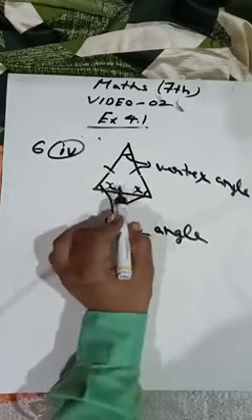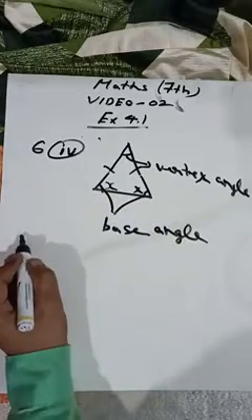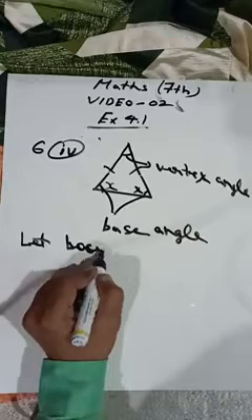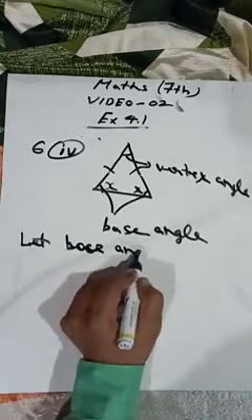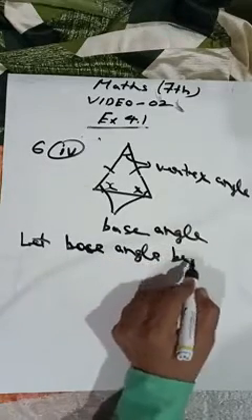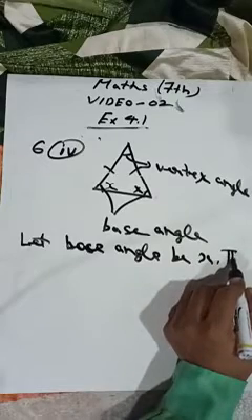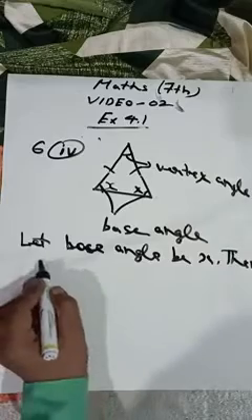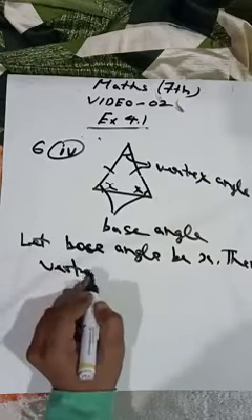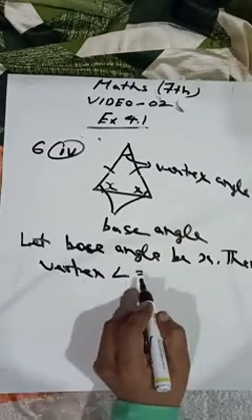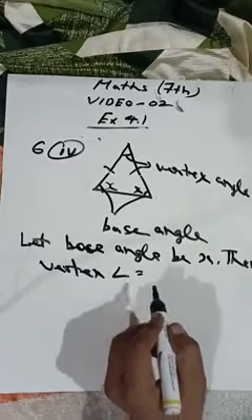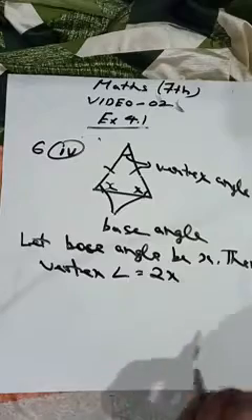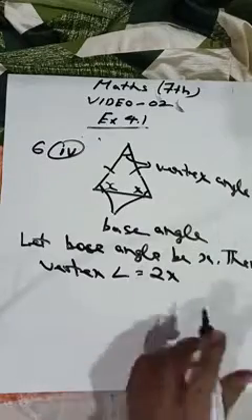If this is x, this will also be x. So we can say let the base angle be x. Then according to the question, the vertex angle will be twice the base angle, which means 2x. So we have to form an equation.